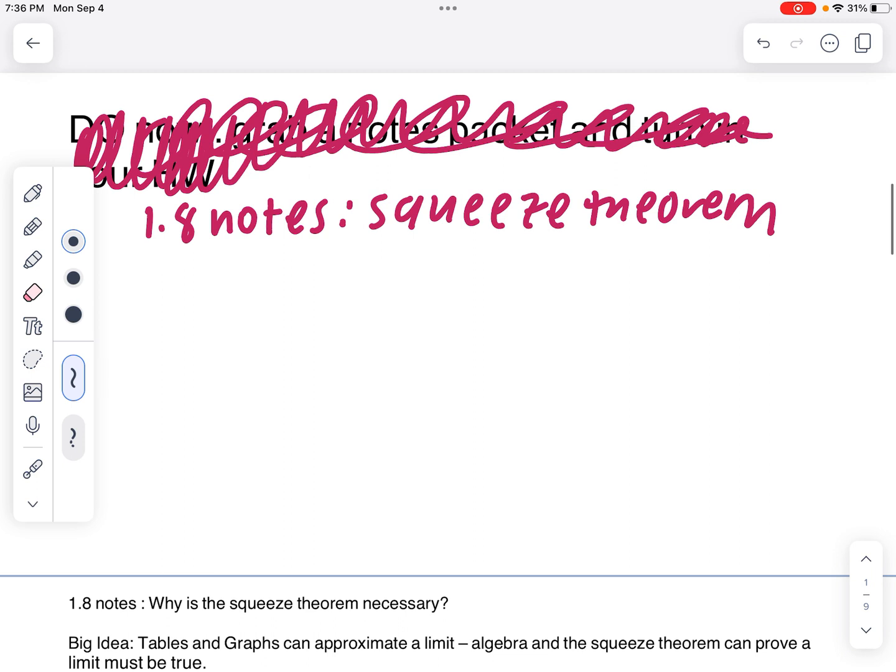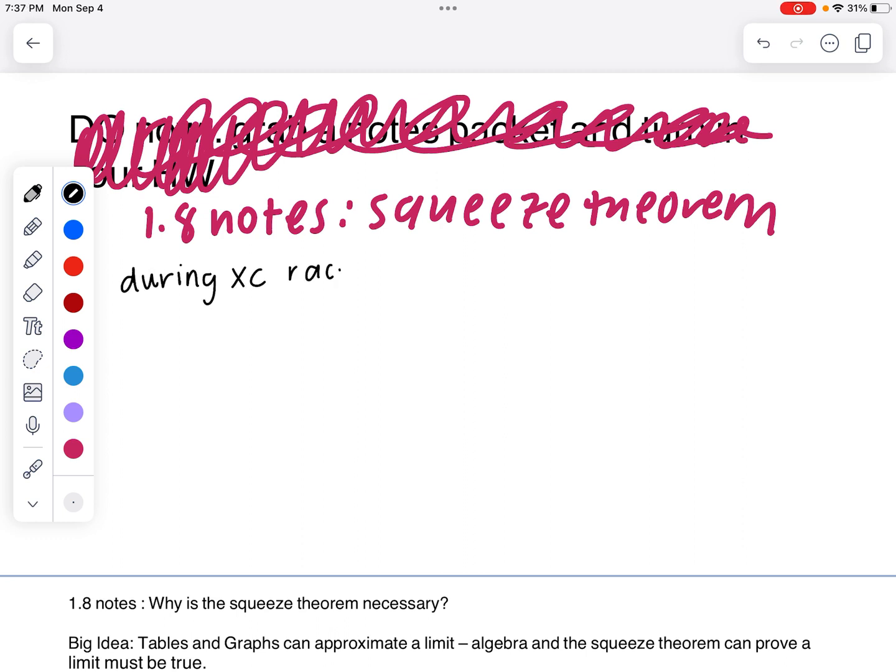So here is our example we're going to look over to illustrate the concept of the squeeze theorem. Let's say that we have a cross country team, and during cross country races, Josh runs at least as fast as Carl.